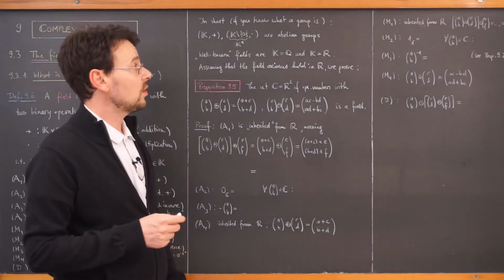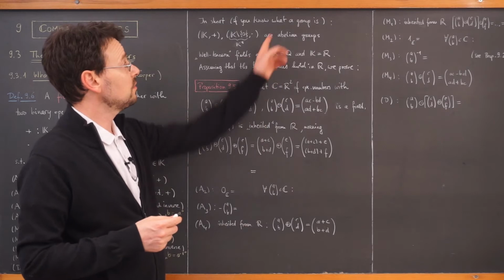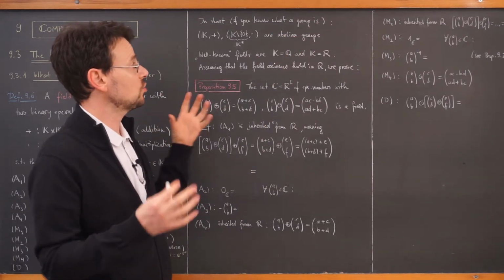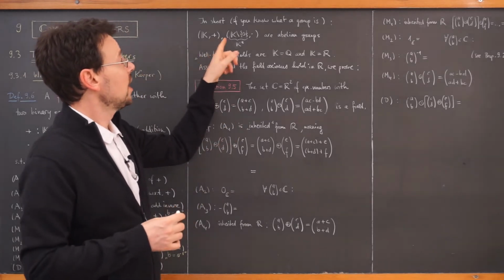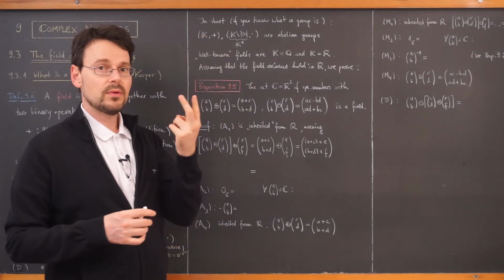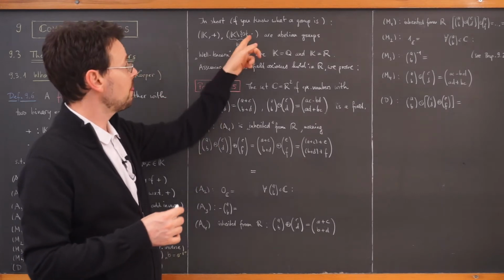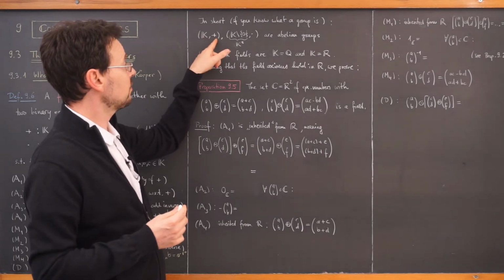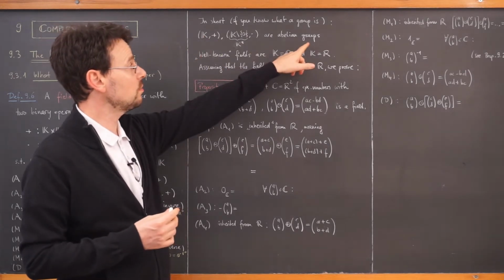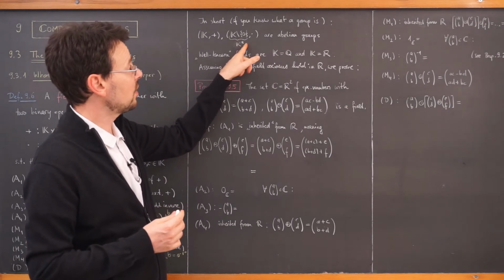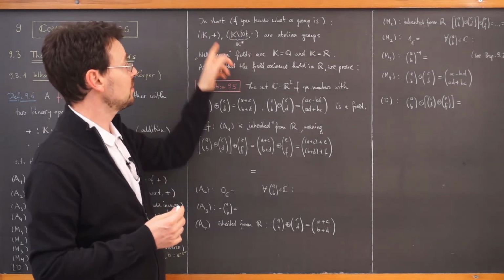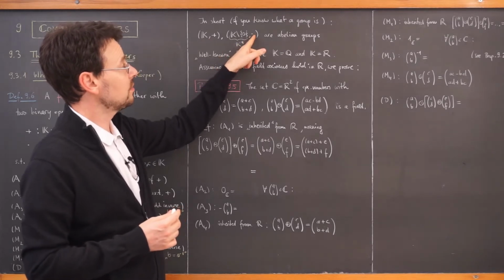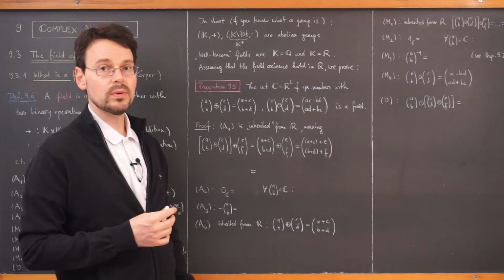Okay, this is a very long and tedious list to write down. If you are familiar with the notion of a group, then this can be shortened very much. K together with two operations, plus and this little dot here, is a field if and only if K with respect to plus is an abelian group, and K star, meaning K without the element 0, the neutral element of addition, with respect to multiplication is also an abelian group.